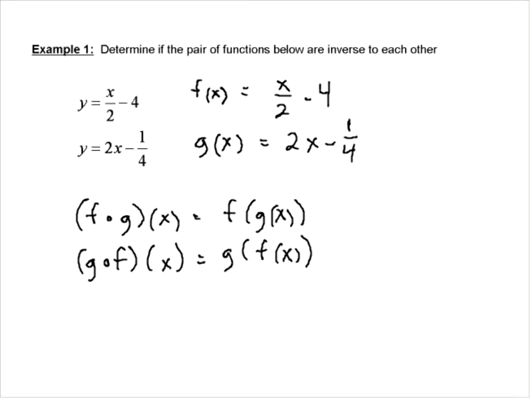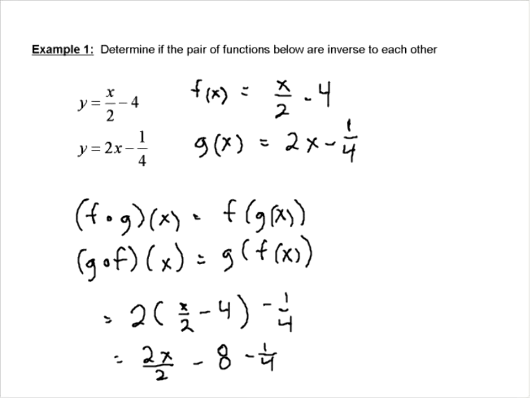The reason I'm going to do the second one over the first one is just to make the math easier. Take the function g, and everywhere in g there's an x, we're going to replace it with f of x. So it's going to be 2 times x over 2 minus 4, minus 1/4, which is going to give us 2x over 2 minus 8 minus 1/4, which all boils down to x minus 8 1/4.